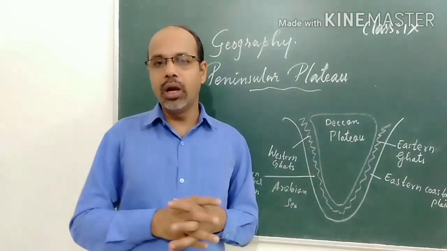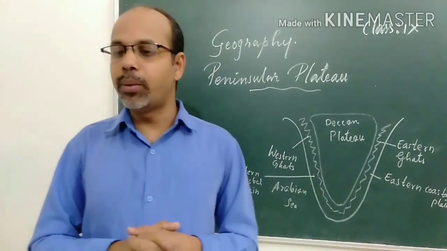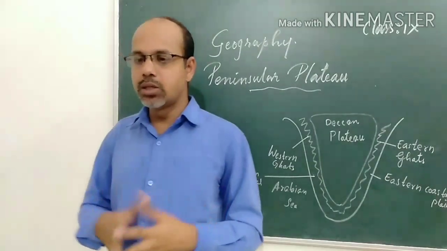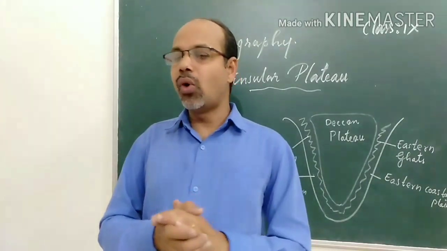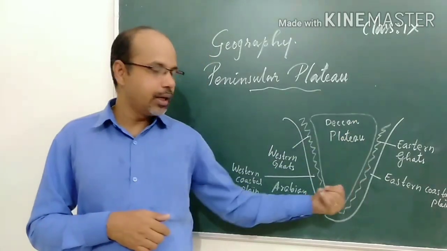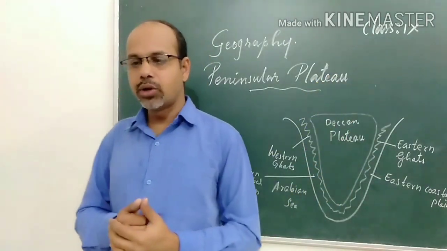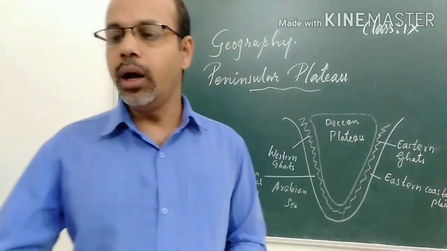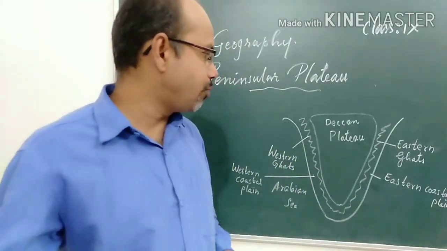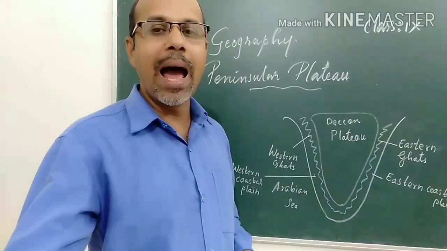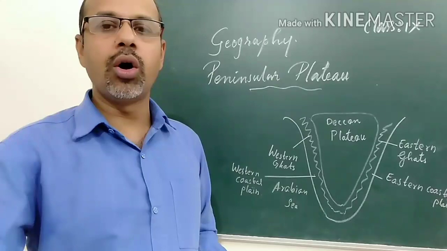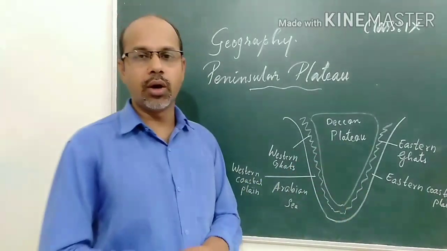This black soil originated from volcanic eruption, because millions of years ago there was a volcanic eruption in the Deccan region, the peninsular plateau, so black soil formed in this region.